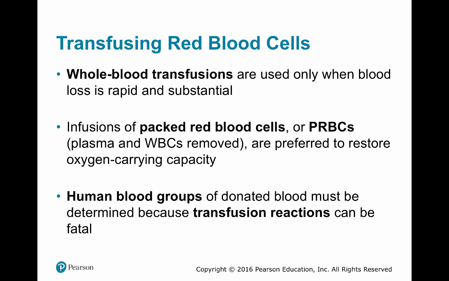Now, the thing is, when you are doing this, you need to make sure that the blood that you're giving the individual is going to be compatible with them, right? Because if you get something known as a transfusion reaction, it can be fatal.